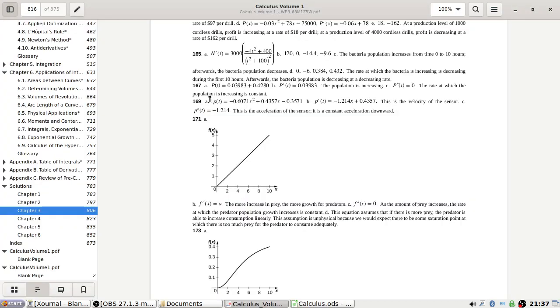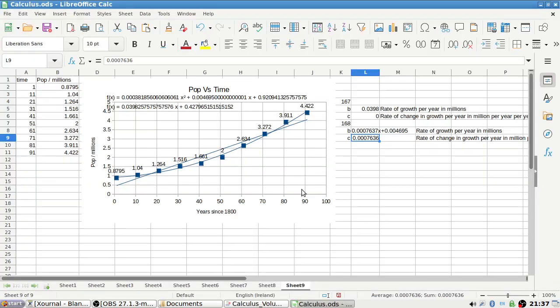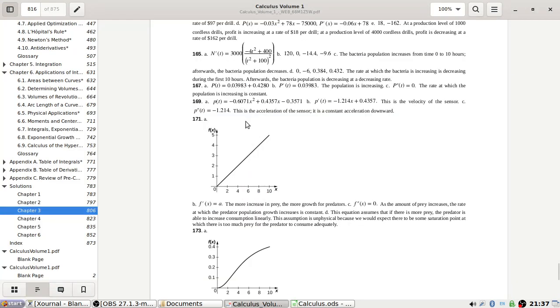That one looks roughly right. It's funny, I don't know what software they're using, but it's a different fit, with different coefficients. So they mustn't be using something like LibreOffice or Excel, because my x squared coefficient and my x coefficient are both very small compared to what they have.